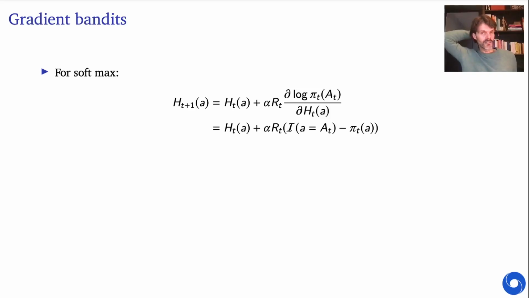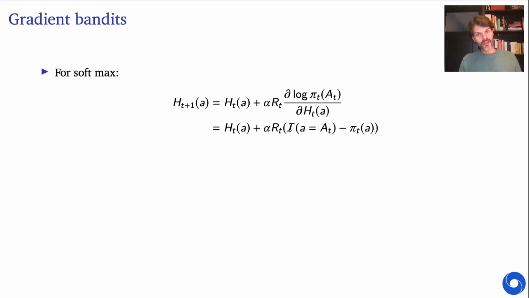What does this update then mean? Well, we can consider the preference for just one of these actions. So instead of considering this whole vector theta, we're only going to consider one component in that vector for action A. How does this get updated? Well, we add, as mentioned before, some step size alpha times the reward that you've seen, times the gradient of the selected action, A_t, whether or not this is action A or not.